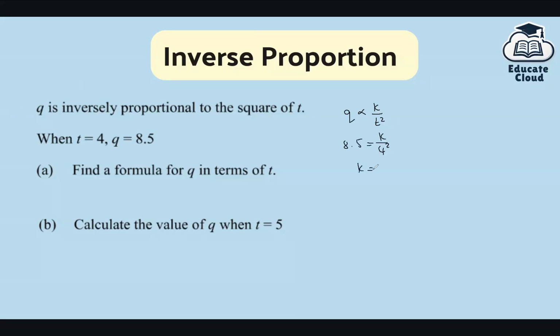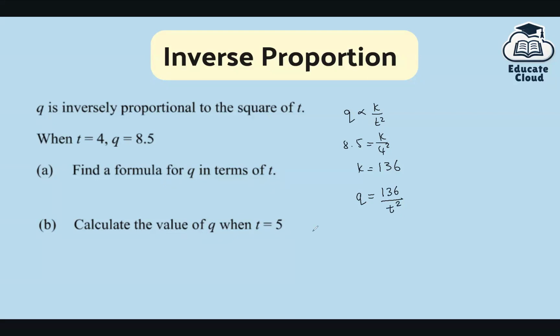Okay, so I'm going to find out what k is by doing 4 squared times 8.5, which is 136. So that's Q is equal to 136 over T squared, and that's a formula for Q in terms of T.